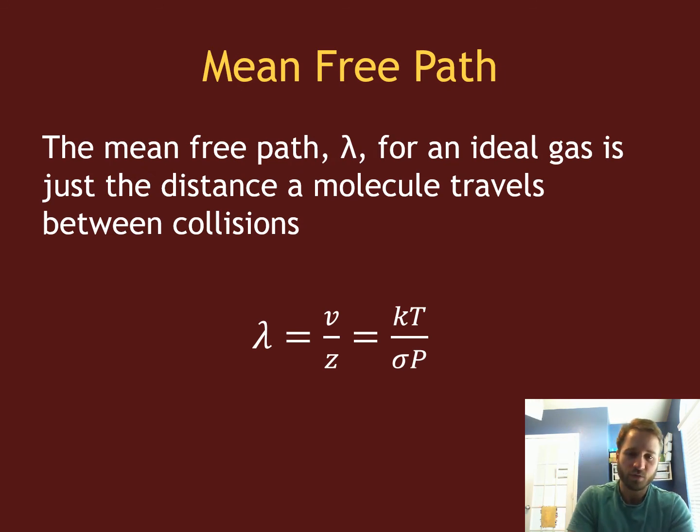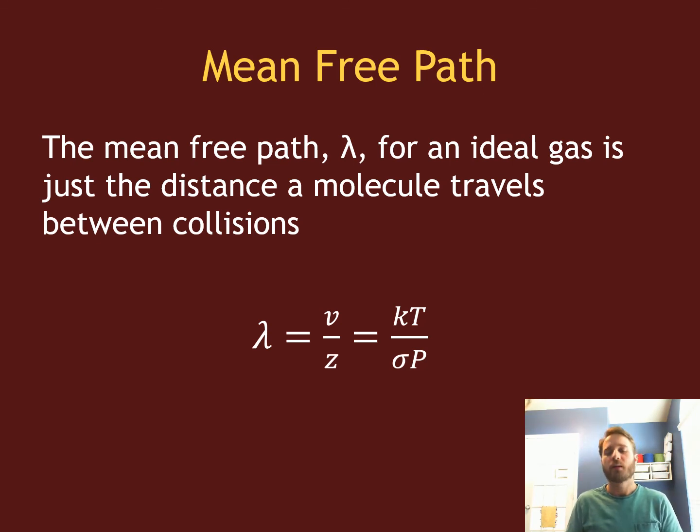Then I can also talk about, for gas molecules, what is its mean free path? The mean free path is essentially how far this molecule can travel in space before it collides with something, whether it be another molecule or the wall, doesn't matter. How far can this thing travel before it's going to have a collision?